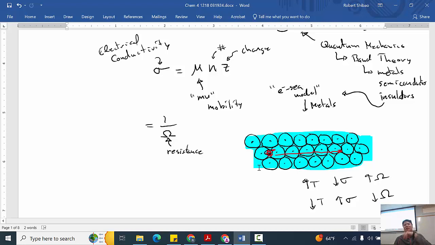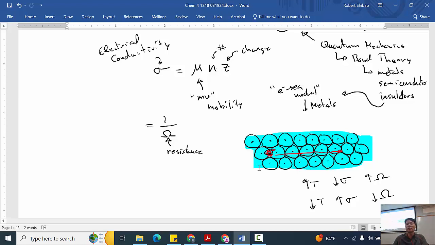And for metals, eventually the vibrations get so small that the electrons have a straight path. It's like an empty hallway. If the electrons are going through an empty hallway or empty room, then there's very little resistance. When you get the vibrations low enough, the electrons will go straight through, and then we get something called superconductivity.